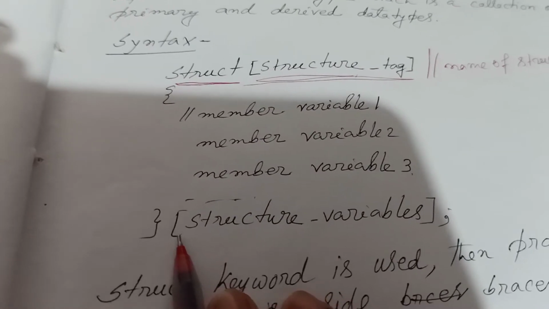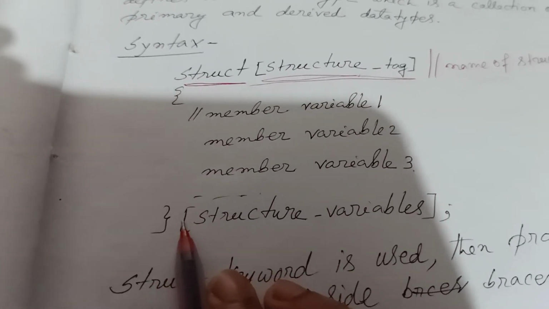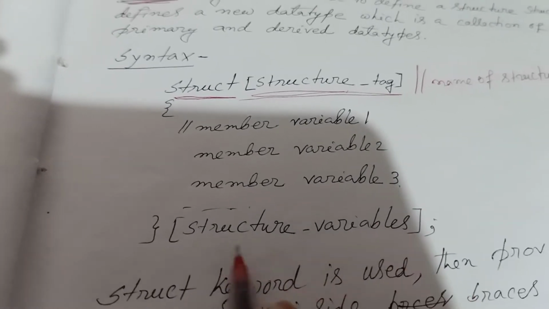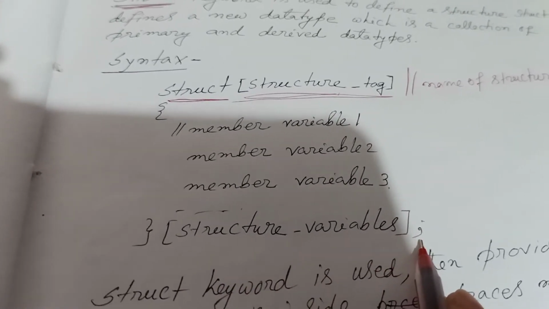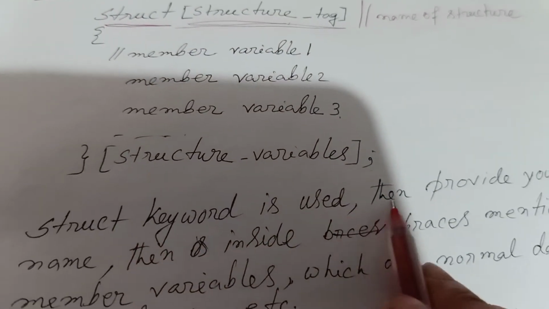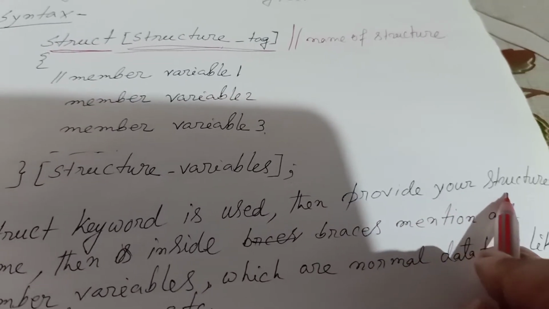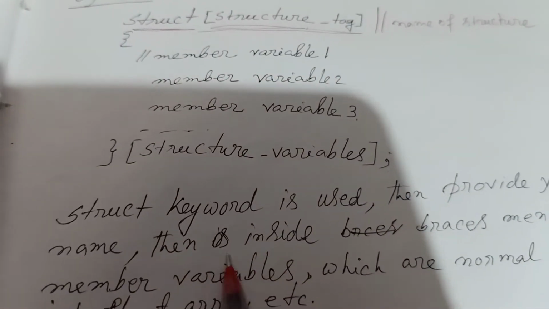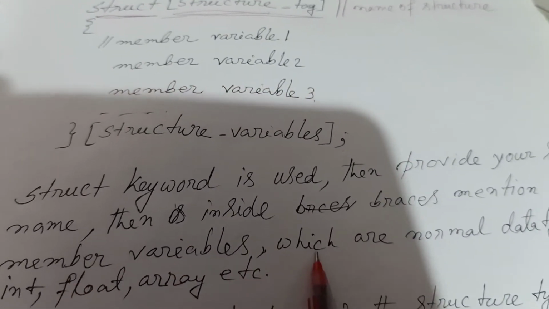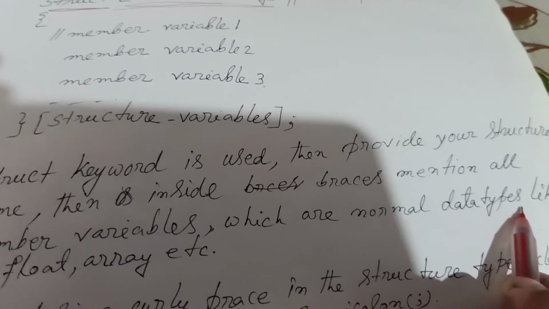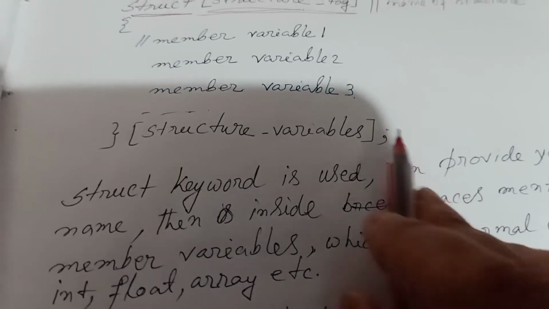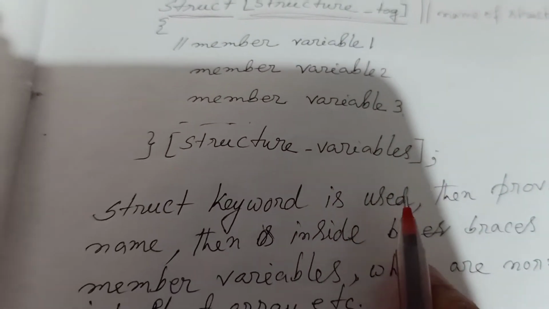Okay. And after closing the brace, define structure variables, then put the semicolon. Okay. Struct keyword is used, then provide your structure name, then inside braces mention all member variables which are normal data types like integer, float, array, etc., as we discussed just now.